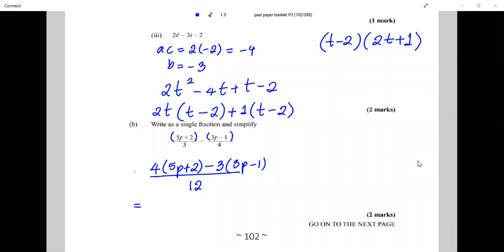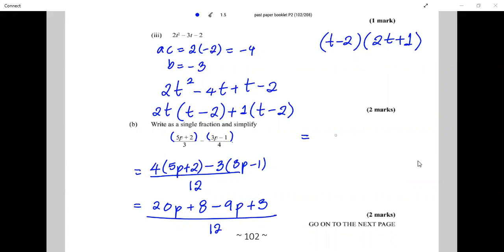So I'm going to have 20p plus 8 minus 9p plus 3, because a negative times a negative is a positive. And this is over 12. Next, I'm going to group like terms.